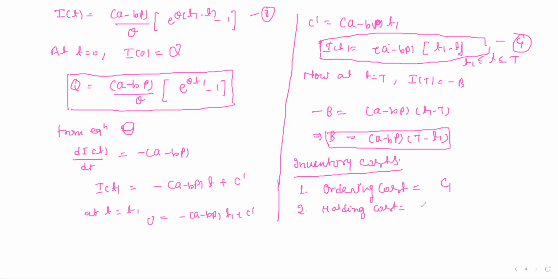This is equal to per unit holding cost times, since the inventory is held in the time interval 0 to t1, the limit goes 0 to t1, I(t) dt. So now we can put the value of I(t) here. So we get (a minus bp) upon theta, e to the power theta (t1 minus t) minus 1.